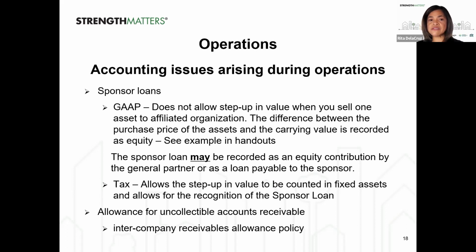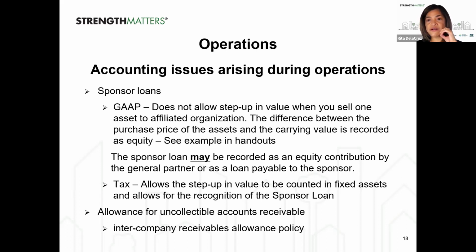Now, if it's an equity contribution, it's important to know that your tax return will have a different recording for it. So tax allows the step up in value to be counted in fixed assets. So for your tax return, it's going to be 5 million. But for GAAP financial statements, it's 2 million. So there is that difference between tax and GAAP. And for tax purposes, it also allows for the recognition of the sponsor loan.